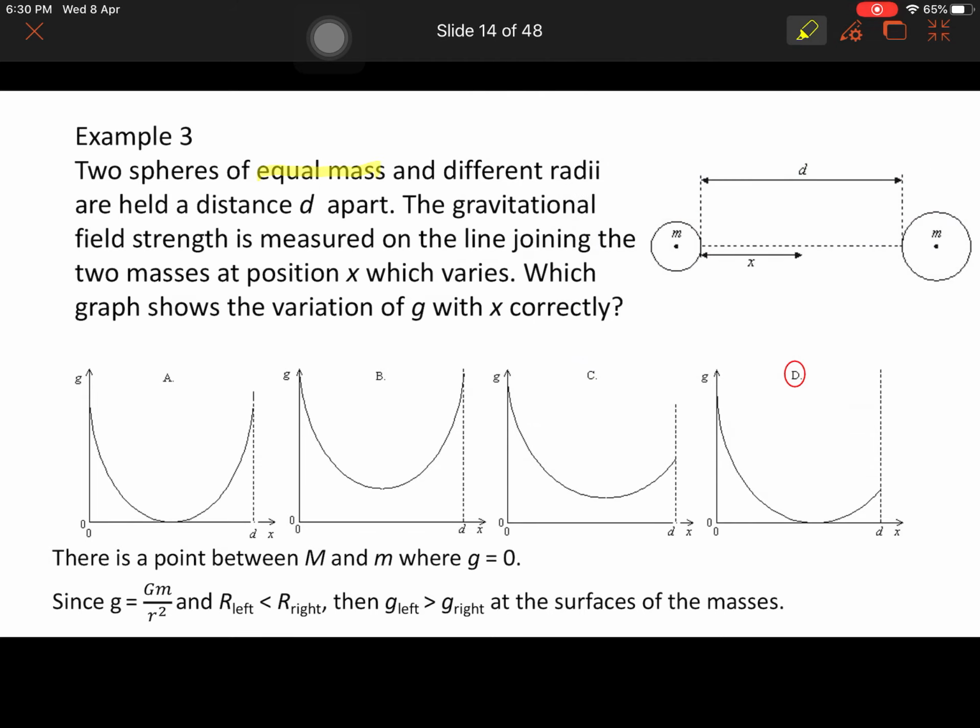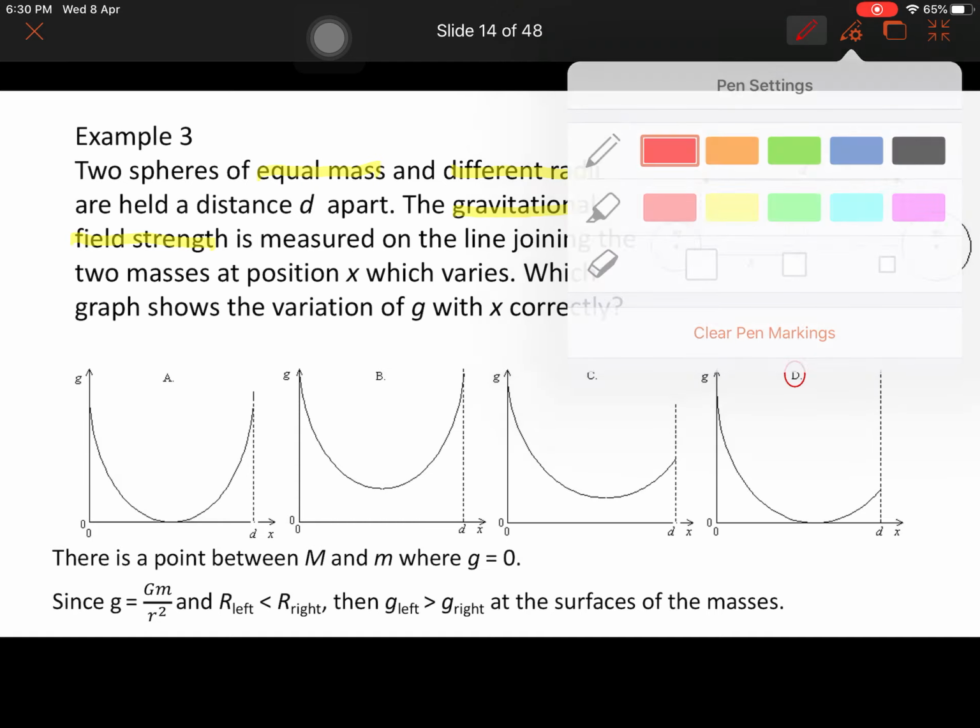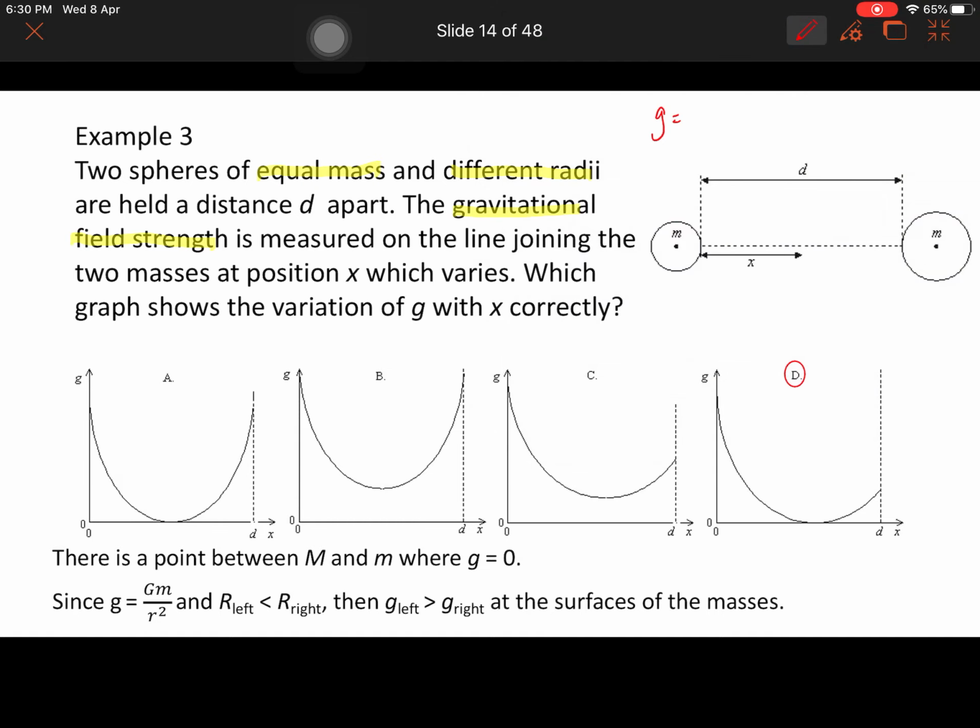that I have equal masses, but they are of different radii, and they are held d distance apart from one another. So now please take note that when I want to find gravitational field strength, remember for your G, when you have G equals big GM over R square, this R is from the center of the mass.